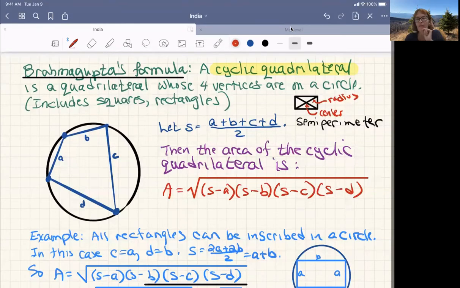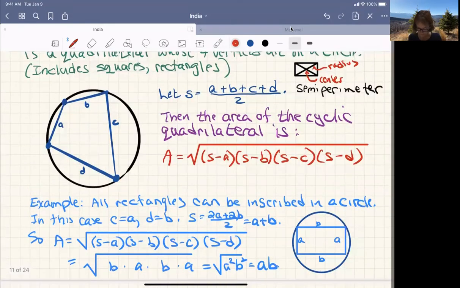Now, the amusing thing about that is it gives us a way of checking to see whether this formula is right, at least for rectangles. So let's take a look. In our example, all rectangles can be inscribed in a circle.